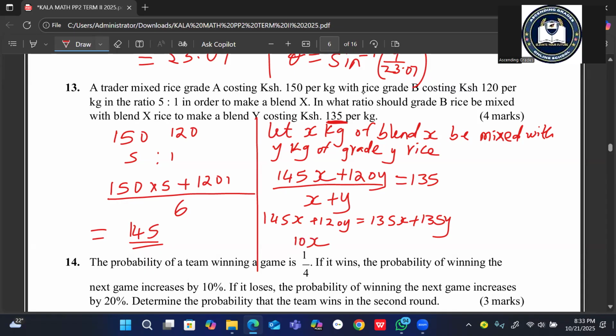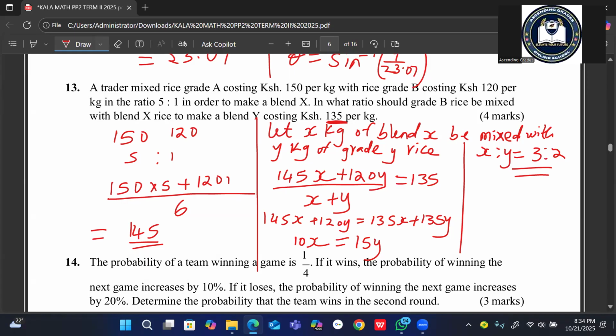We take 120y to the other side, it becomes 135y minus 120y, which is 15y. So it means that x is to y should be equal to 3 is to 2, after simplifying 10x over 15y. And that is your answer.